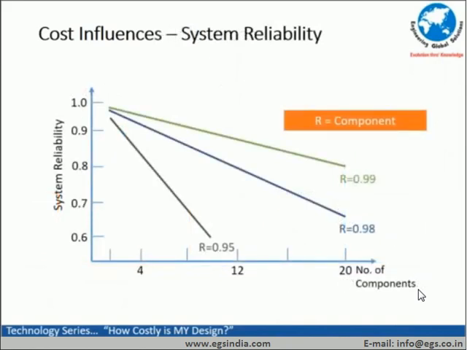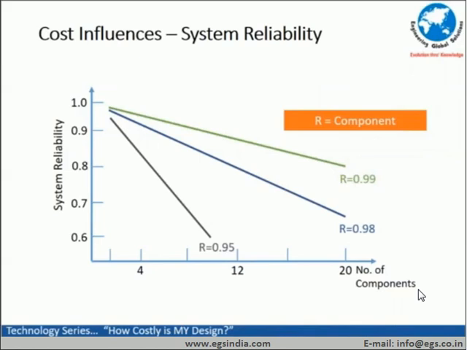The third point is the system reliability, which also influences the cost. If you design each and every part for a reliability of, let us say, 0.99, but the number of components going into the assembly keeps on increasing, the system reliability, here shown for a series system which is typically used in the marketplace, keeps on getting reduced as you move towards the right of the x-axis, primarily with the increase in the number of components, because the system reliability suffers due to assembly issues.